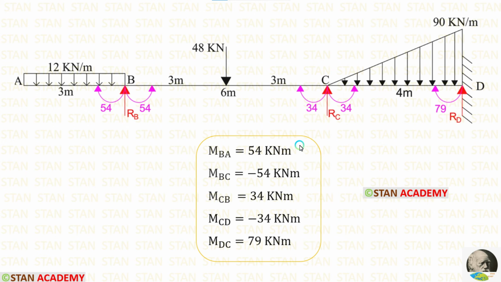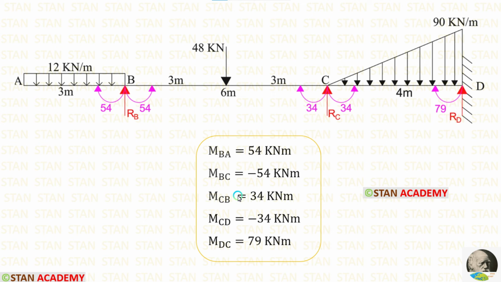In this analysis, we have calculated all of the moments. Now we are going to find the vertical reactions. Let us take the overhanging span AB and the span BC together and calculate the vertical reactions. When we take them together, no need to consider MBA and MBC. They will get eliminated.